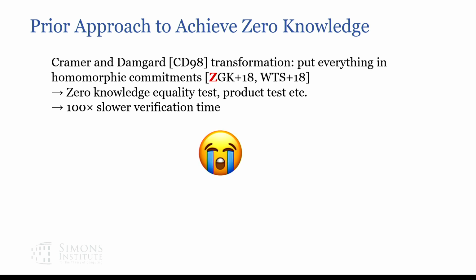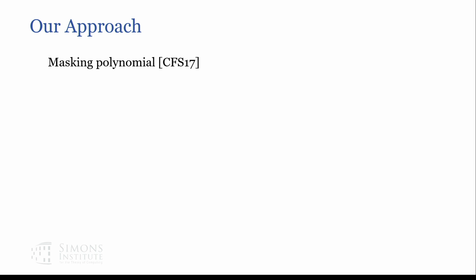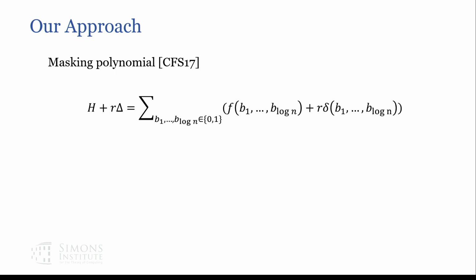So instead, we are taking a totally different approach, called masking polynomial. The idea was originally proposed by Chiesa et al. in their 2017 paper. Instead of running Sumcheck on this original multivariate polynomial, we construct a random polynomial delta, do a random linear combination, and run Sumcheck on the whole thing.